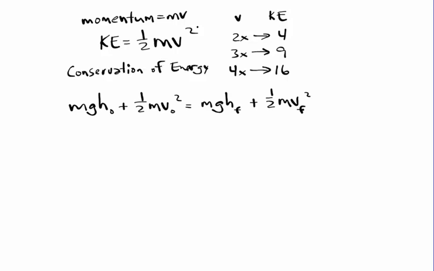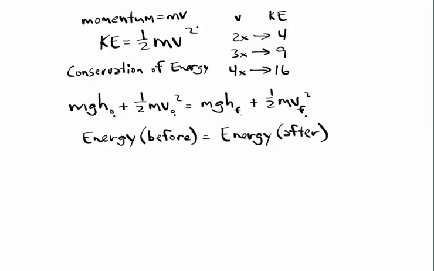The mechanical energy, the 2 types of energy we learned right now, which are potential energy due to gravity and kinetic energy, are represented in this equation. Now, the little zeros mean before, and the little f's mean after. So what I'm basically saying here is that the total energy before equals the total energy after. And the question is, before and after what? Well, typically it's before and after a height change.